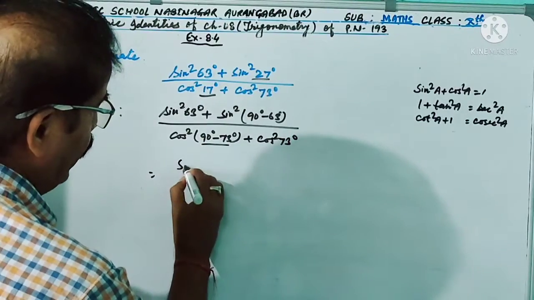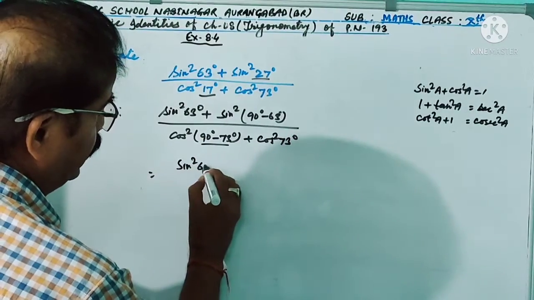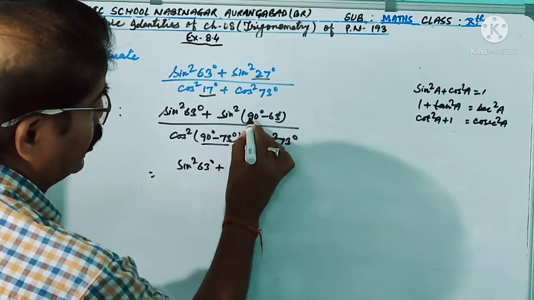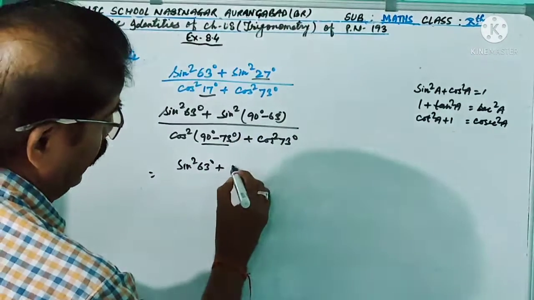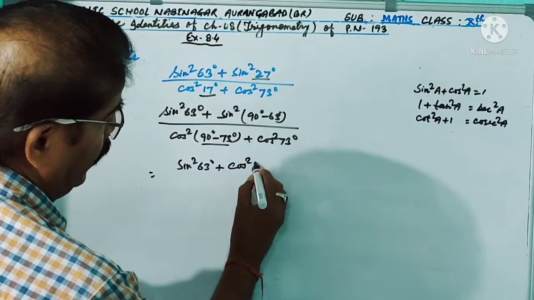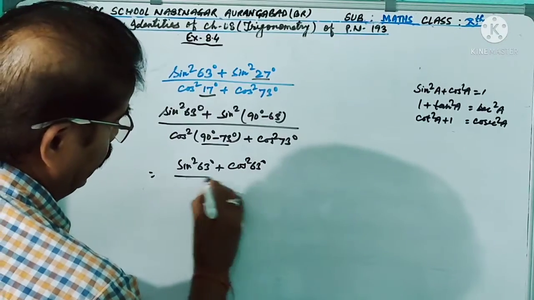So sin square 63 degree plus sin square 90 minus 63 becomes cos square 63 degree.